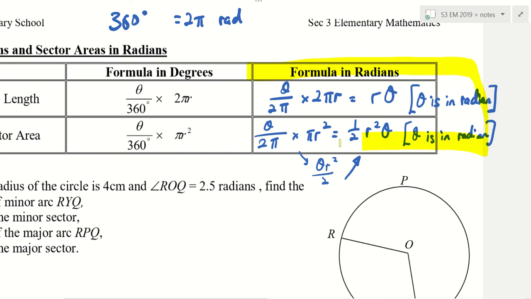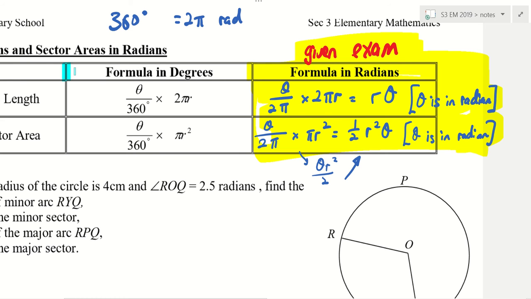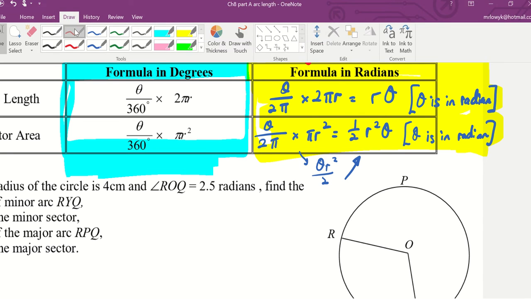This entire thing is given in exam. Given. But the blue one, this one, is not given in exam.